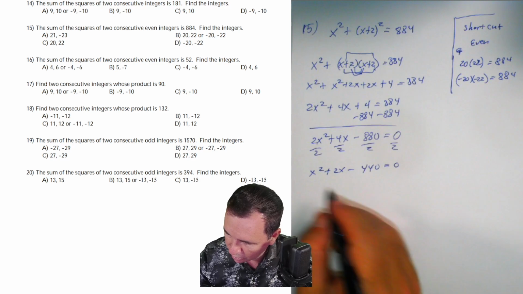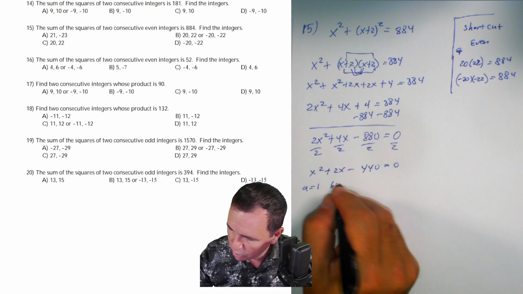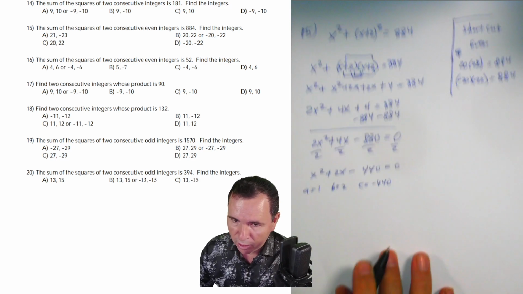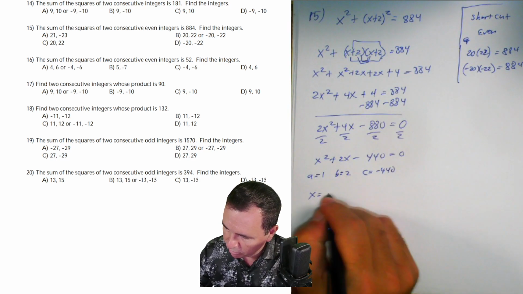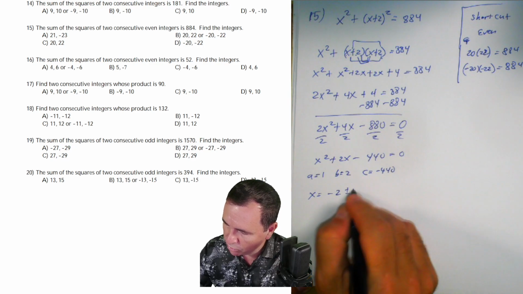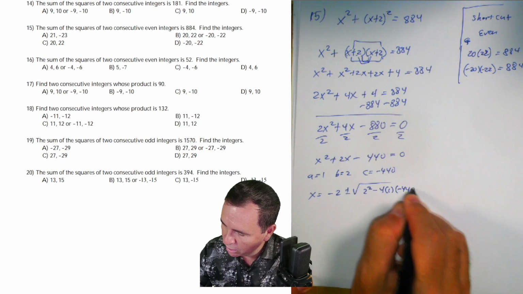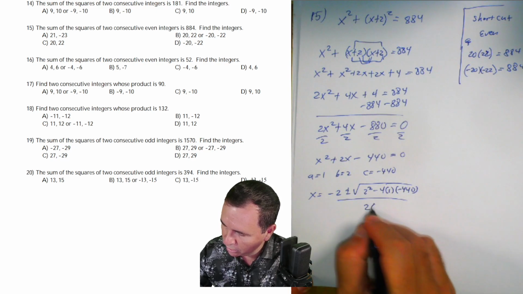And we let a equal 1, b equals 2, c equals negative 440. So then x is equal to negative b plus or minus the square root of b squared minus 4 times a times c, all over 2a.